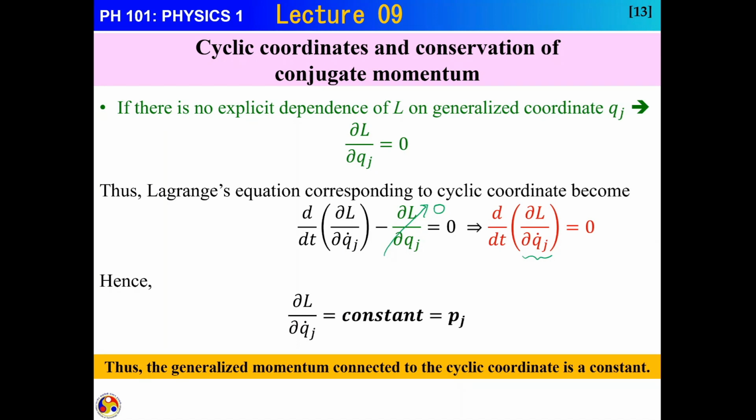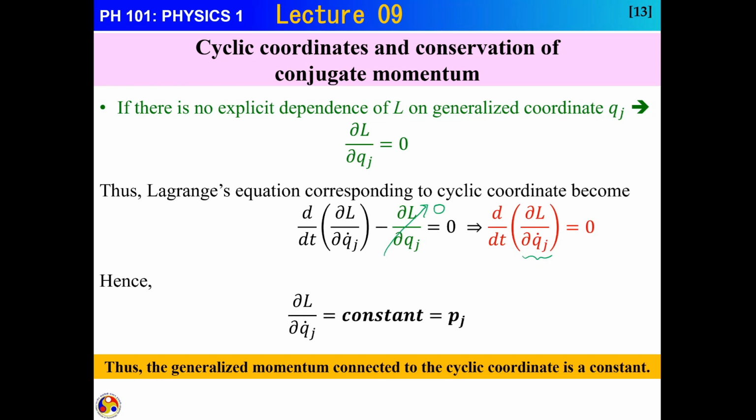So if your Lagrangian does not have any particular generalized coordinate, just try to solve it very quickly. If any coordinate is not participating, don't do mathematically the whole steps.